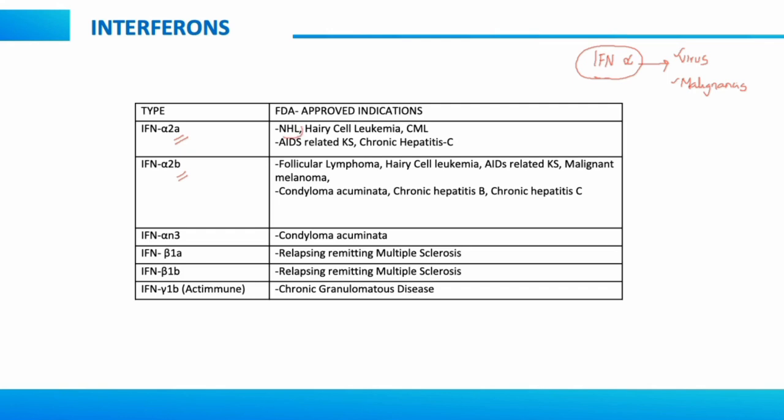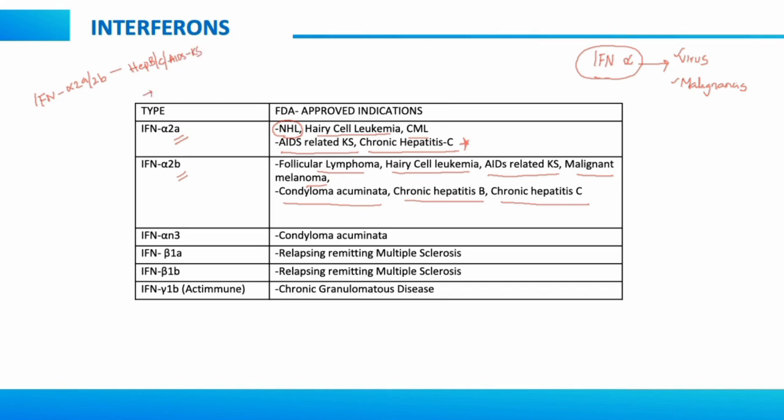Alpha 2A is active against non-Hodgkin's lymphoma, hairy cell leukemia, CML, AIDS-related Kaposi sarcoma, and chronic hepatitis C. Whereas alpha 2B is active against follicular lymphoma, hairy cell leukemia, AIDS-related Kaposi sarcoma, malignant melanoma, condyloma acuminata, chronic hepatitis B, and chronic hepatitis C. So your take home is, just remember this: interferon alpha 2A and 2B are active against majorly hepatitis B, hepatitis C, and also the AIDS virus, that is Kaposi sarcoma.